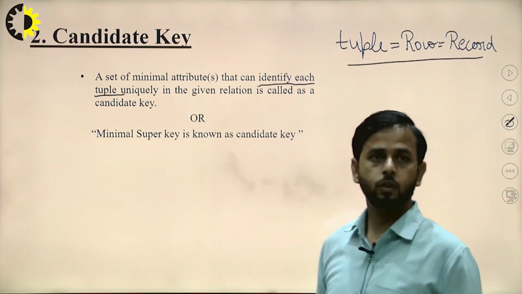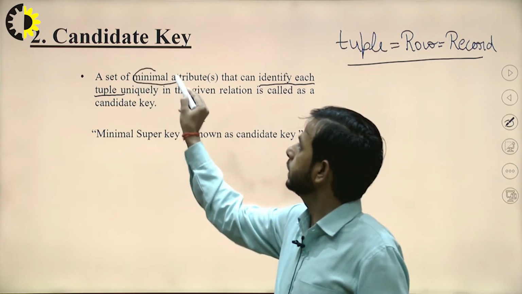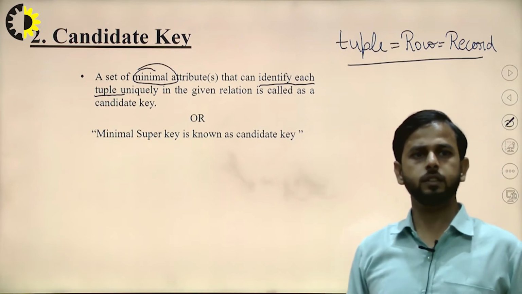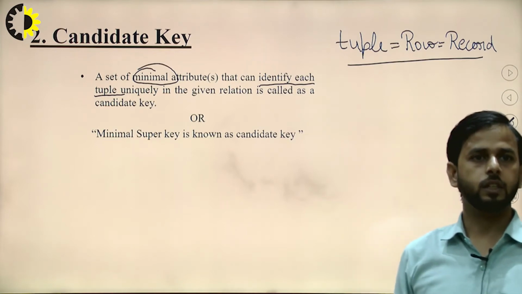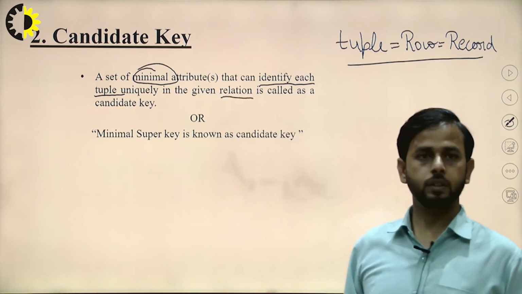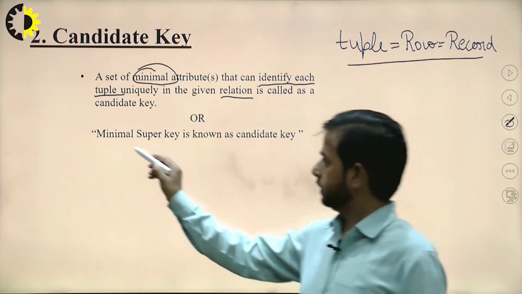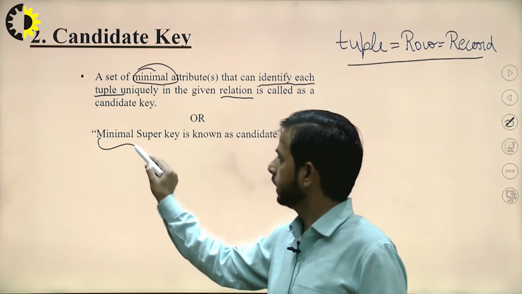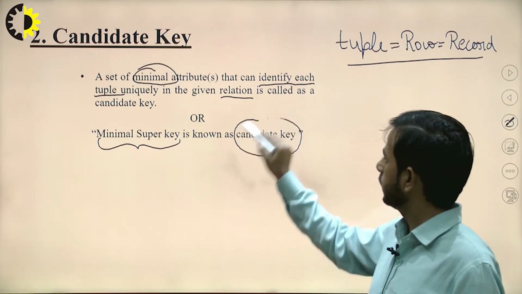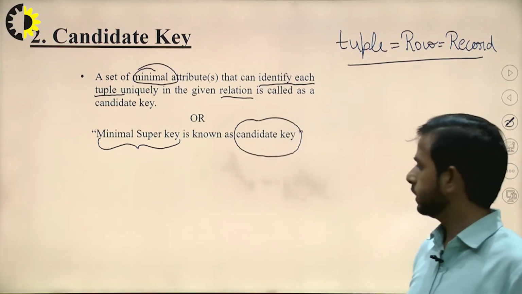So a set of minimal attributes; here the keyword is minimal. A minimal set of attributes that can identify each tuple uniquely in the given relation is called a candidate key. In short, a minimal super key is known as a candidate key.